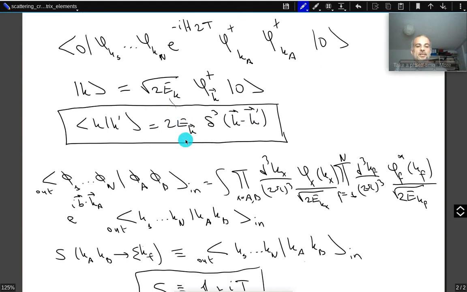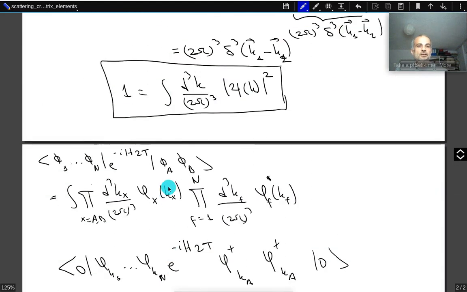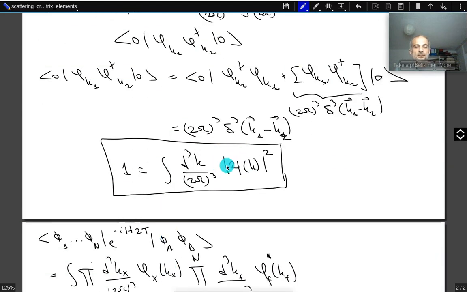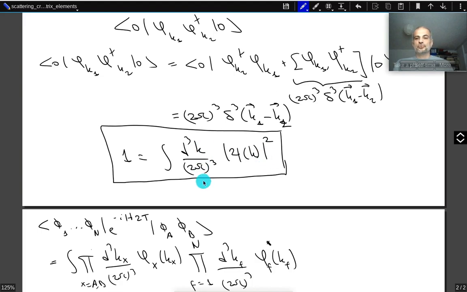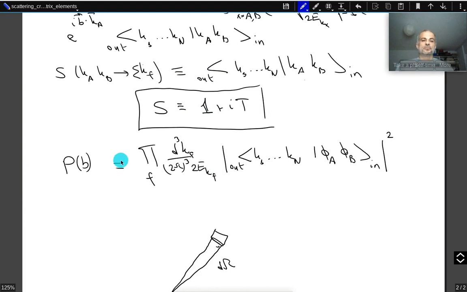There is a 2ek factor, and this d cubed k over 2 pi cubed factor is from the fact that the momentum space wave functions are normalized with a 1 over 2 pi cubed.